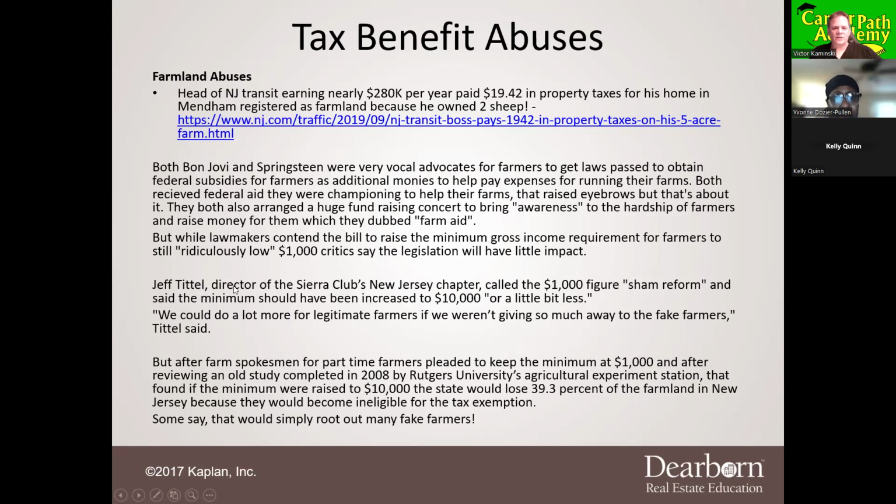Now, Jeff Tittel, the director of the Sierra Club's New Jersey chapter, an environmentalist group, called the $1,000 figure sham reform, and said that the minimum should have been increased to $10,000 or a little less, which is ridiculous. I think it should be at least $500,000.